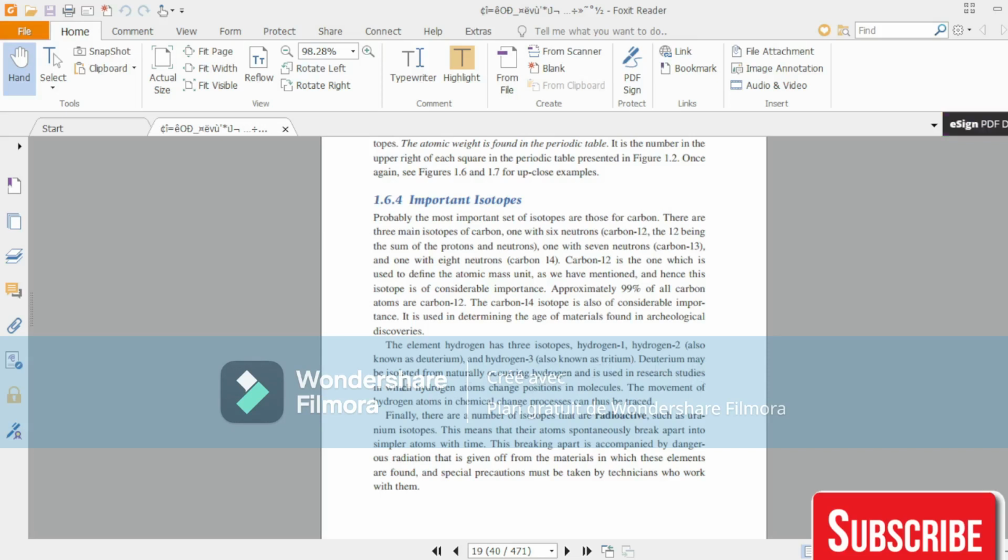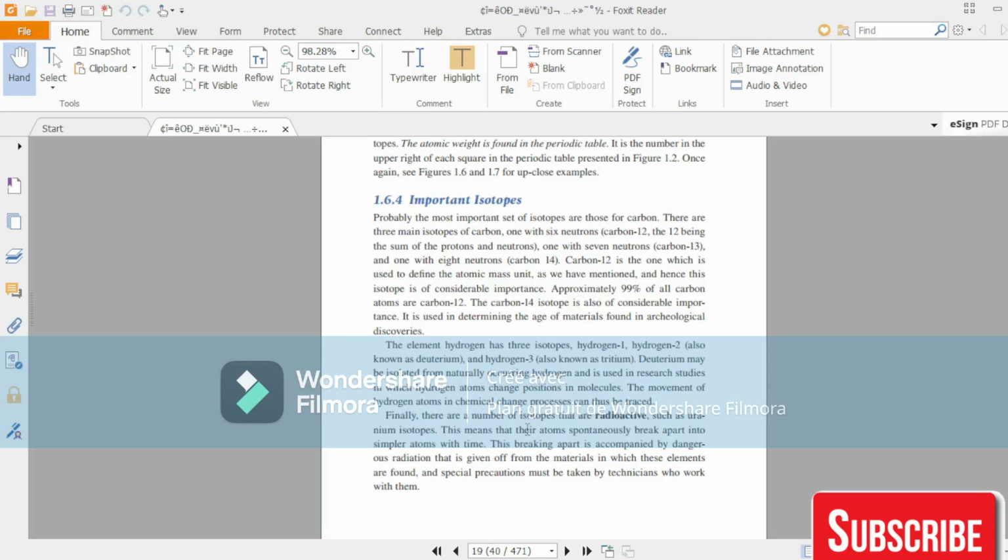Deuterium may be isolated from naturally occurring hydrogen and is used in research studies in which hydrogen atoms change positions. The movement of hydrogen atoms in molecules in chemical change processes can thus be traced.